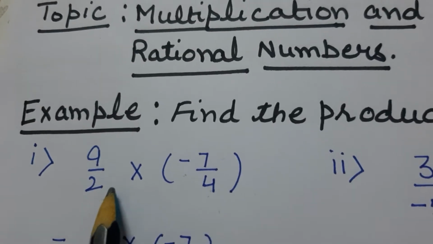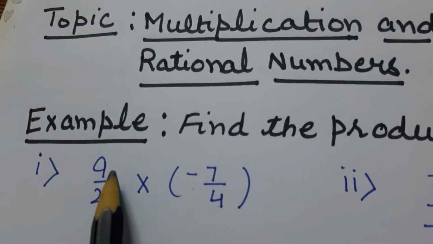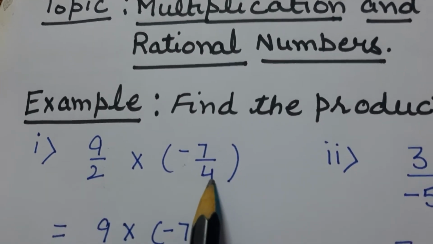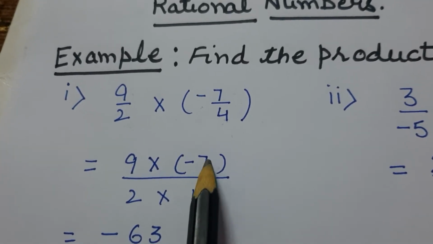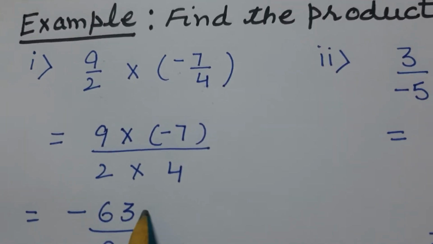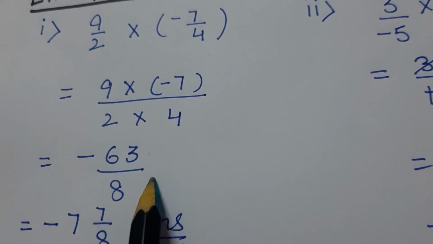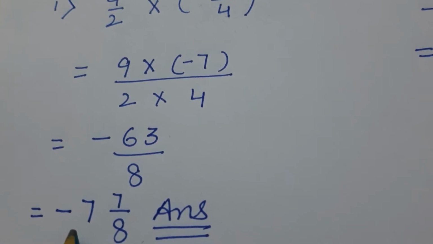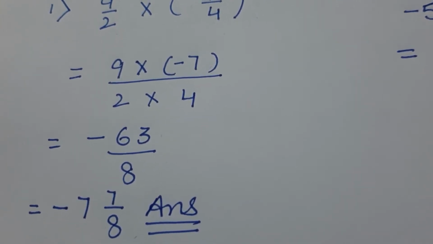No. So simply we will multiply numerator with numerator and denominator with denominator. 9 sevens are 63, and this is minus 7, so 9 into minus 7 is minus 63. 2 fours are 8. Now this is an improper fraction. We will convert it into a mixed number. So the answer is minus 7 and 7 by 8.